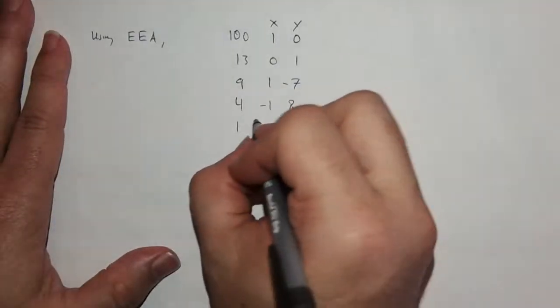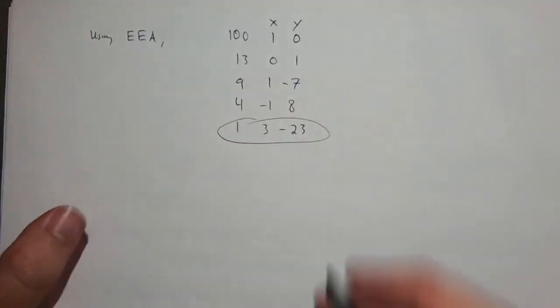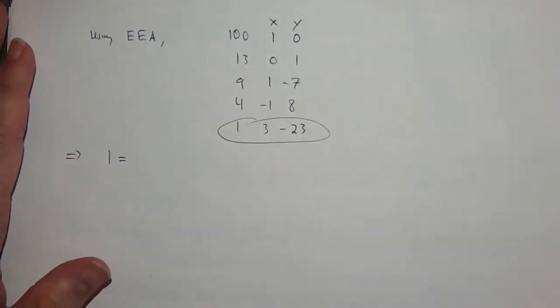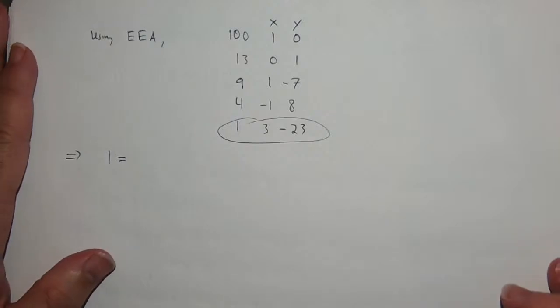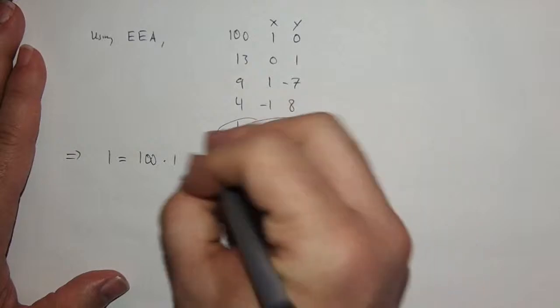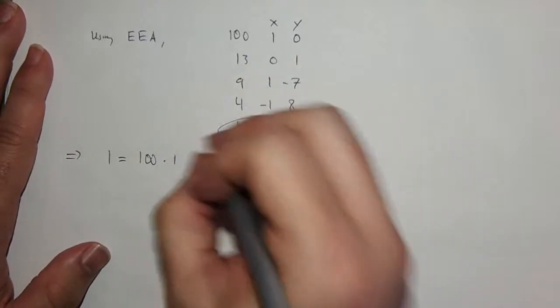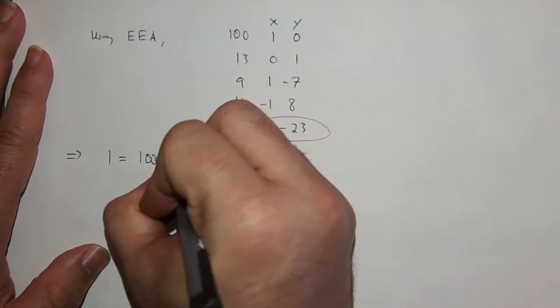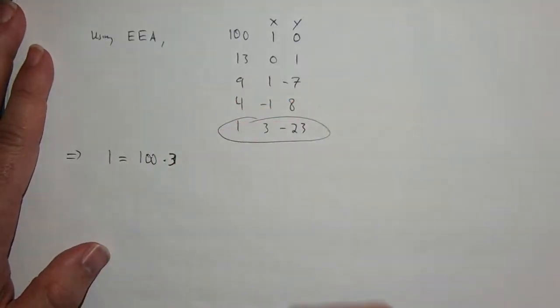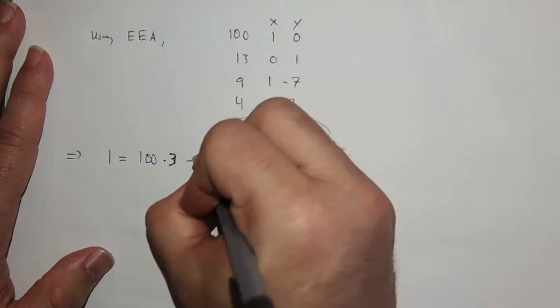Okay, so then this last line tells me that 1 can be expressed as a linear combination of 100 and 13 in the following way. This is 100 times 3 minus 13 times 23.